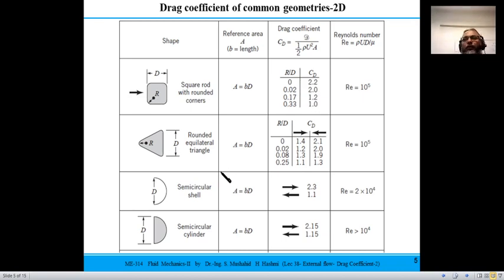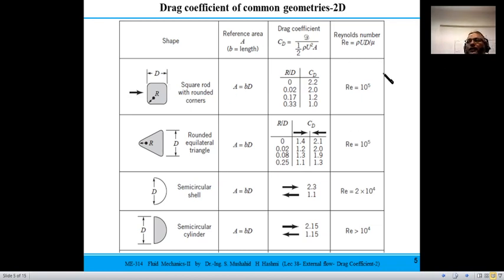For this equilateral triangle, and for all these two-dimensional objects, the length is the B here, which is not shown, which is in the depth direction. So this B is much greater than the other dimensions, like capital D here, which is your characteristic length.